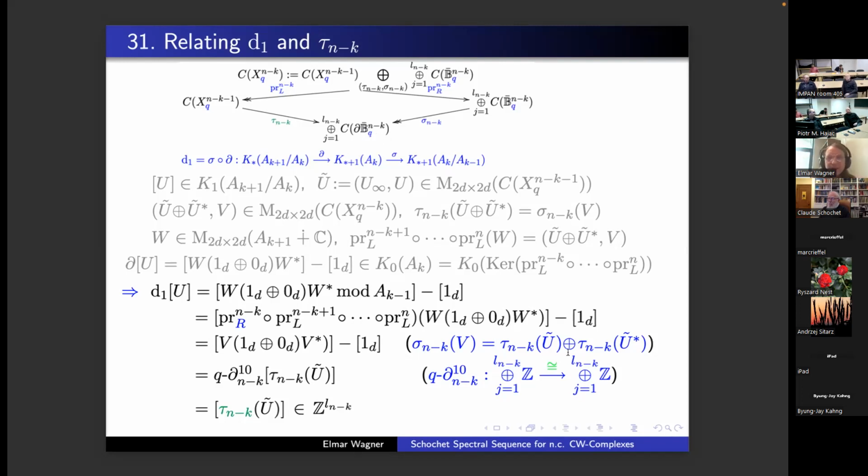So V is a lift to the balls, and it's squeezing into some projection 0. This is the boundary map in the K-theory quotient.